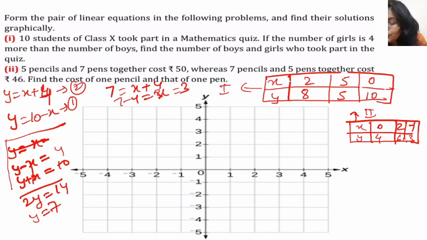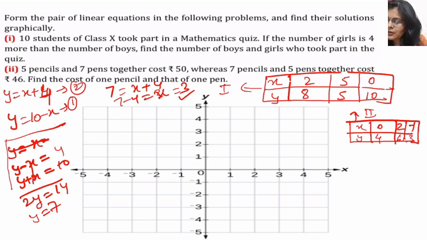When you are getting the value of x and y uniquely, that means the lines are intersecting lines and you are getting a unique solution. This is your rough work that you can do. Now you have got one thing clear in your mind, that this is a unique solution.